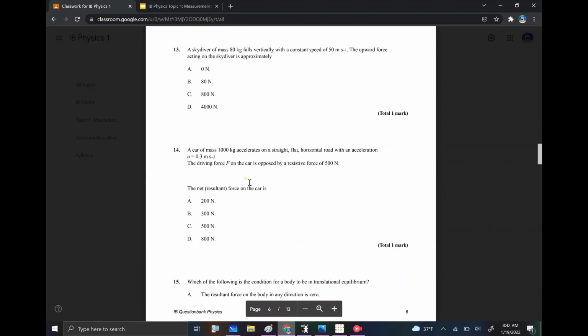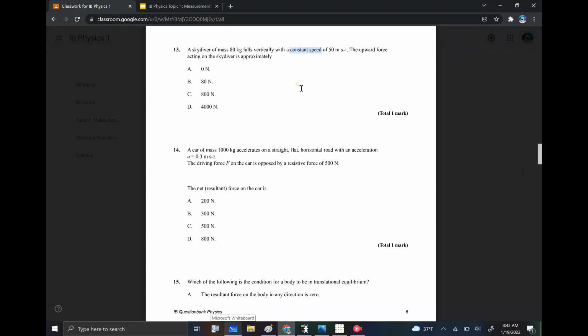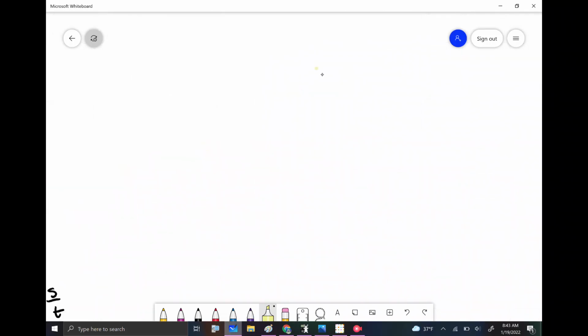Let's see. Number 13. A skydiver of mass 80 kilograms falls vertically with a constant speed of 50 meters per second. The upward force acting on the skydiver is approximately blank. So we're falling at a constant speed, which means all of my forces are canceling out. Now, if I'm falling down, here's some object, it's falling down and has a mass of 80 kilograms. Well, that means the force of gravity, Fg, remember, is equal to mg.